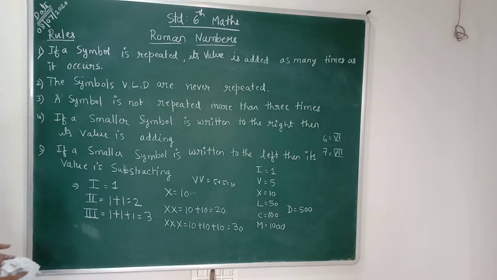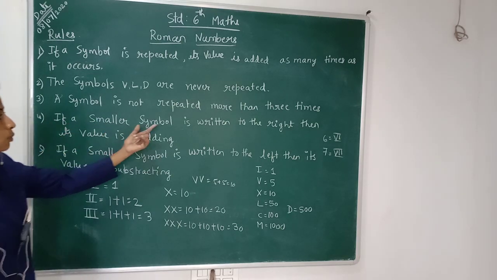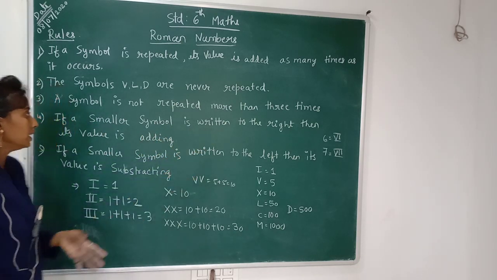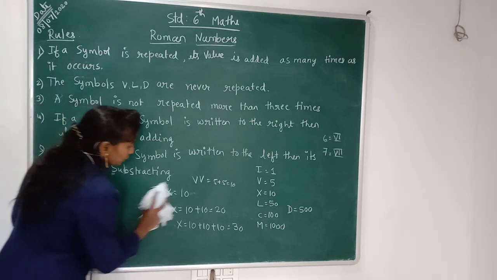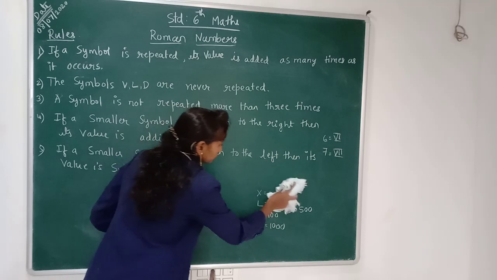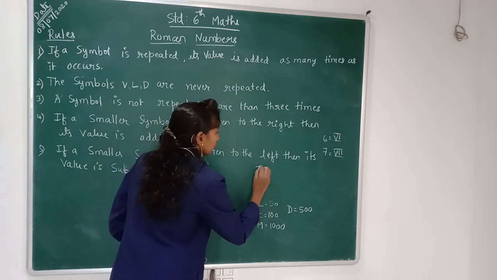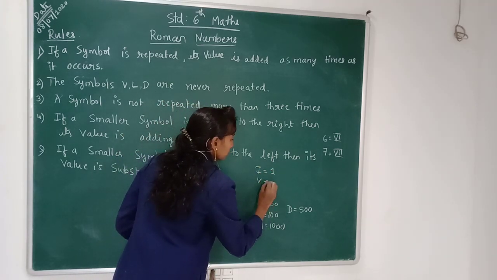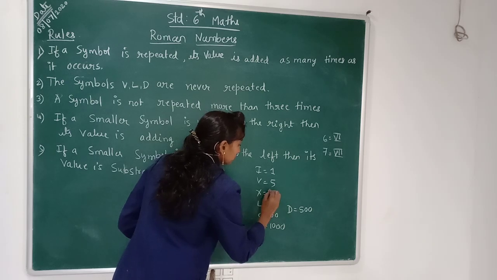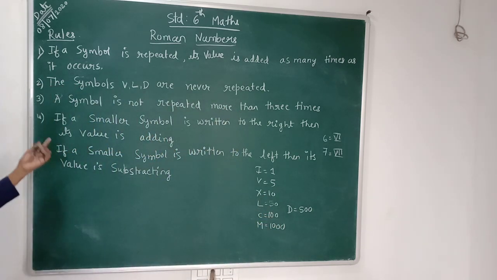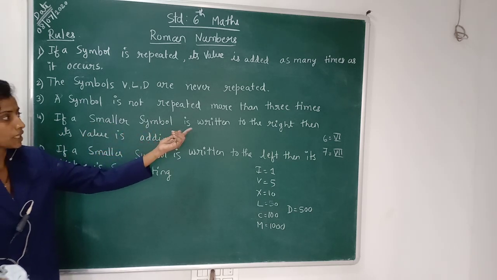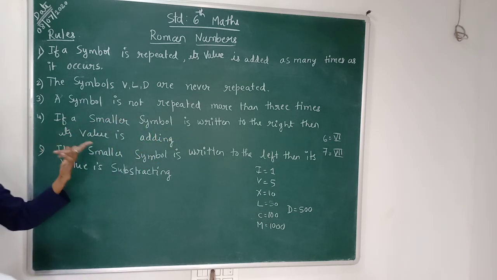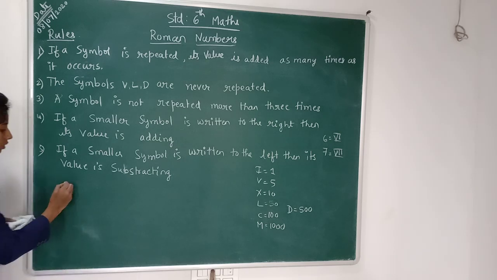The next rule is, if a smaller symbol is written to the right, then its value is added.